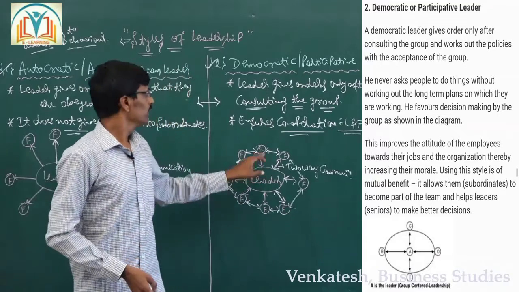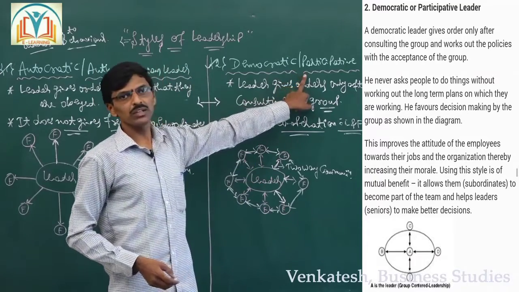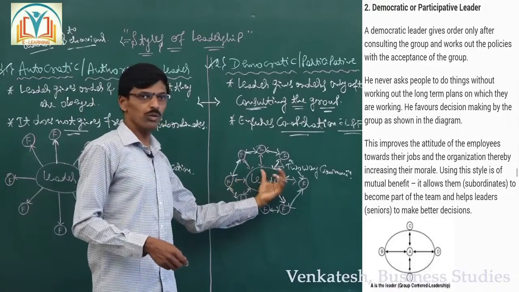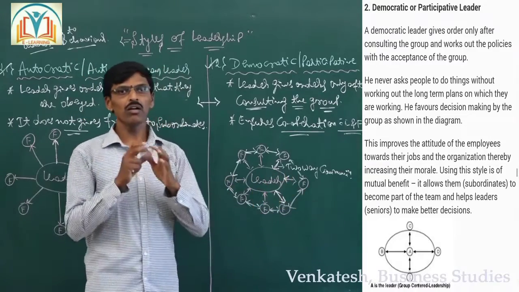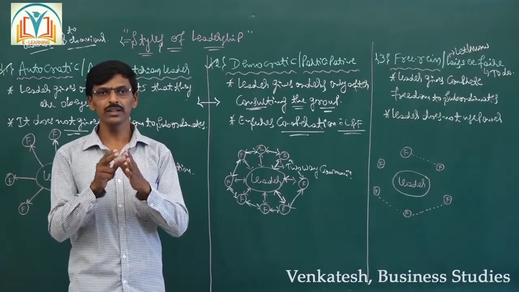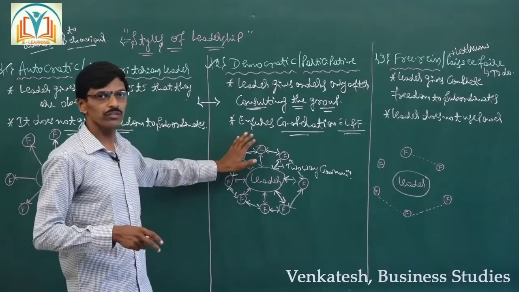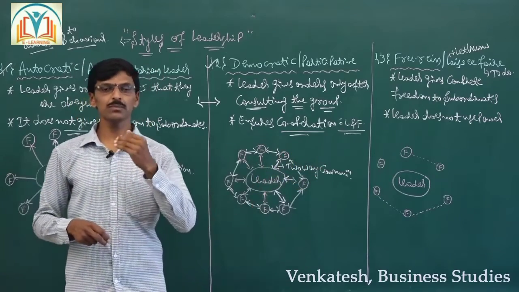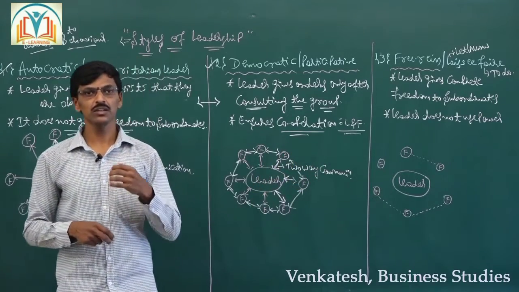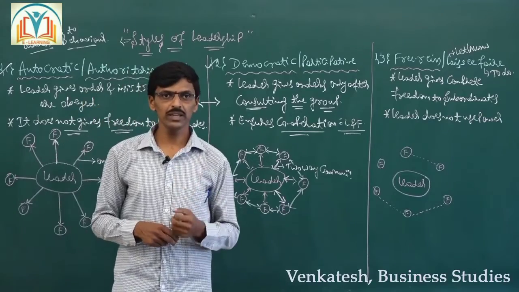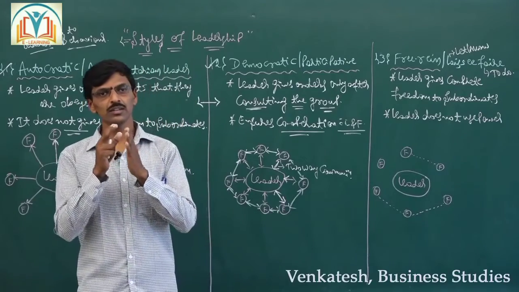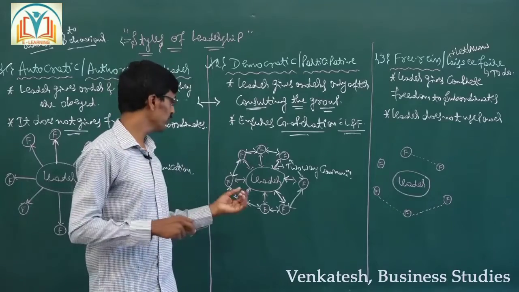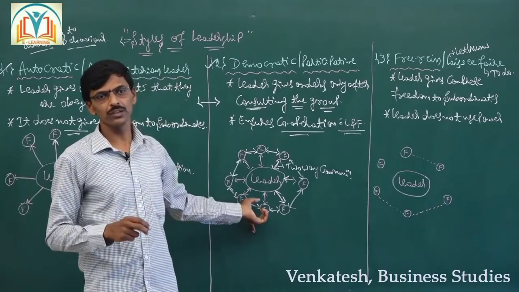The word itself indicates participate. All the people in an entire team are freely allowed to participate and express their suggestions, views, and opinions towards resolving the problems and doing a particular work effectively.